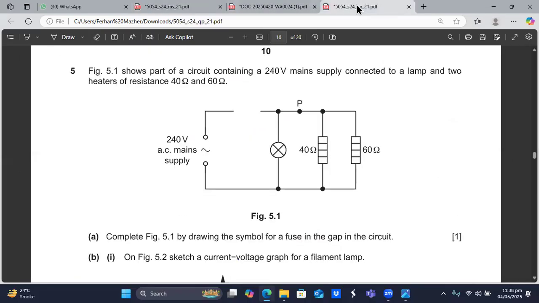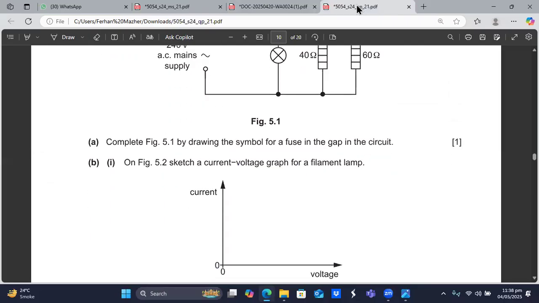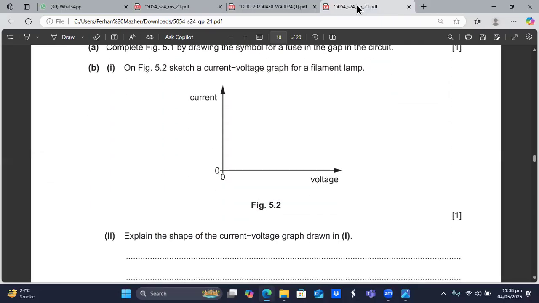Then we have question number 5, B part. He says, on figure 5.2, sketch a current-voltage graph for a filament lamp. The current is on the y-axis and the voltage is on the x-axis. The gradient here is equal to the reciprocal of the resistance.